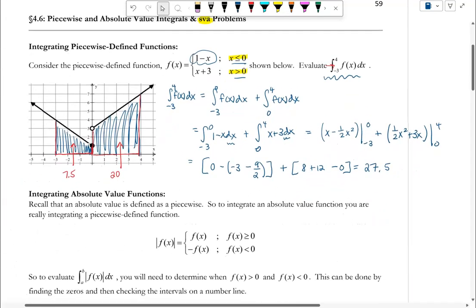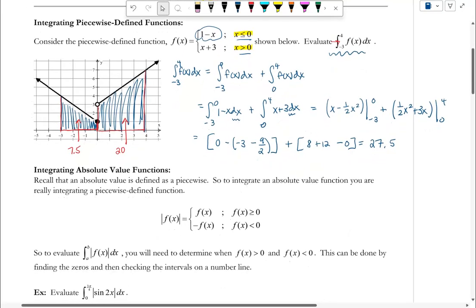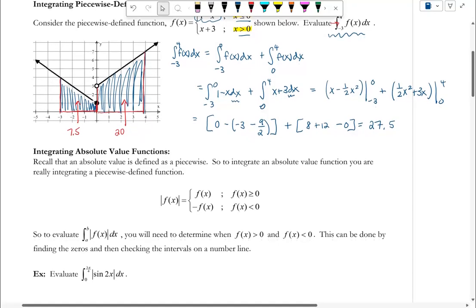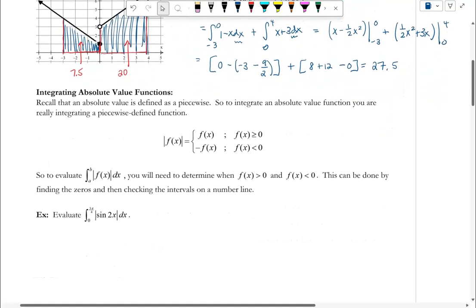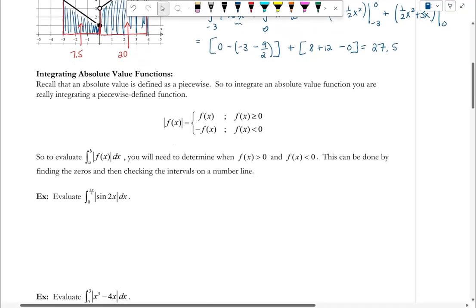So when we integrate absolute value functions, what we need to remember is that an absolute value function is a piecewise defined function. So if I think about the absolute value of f of x, I know that that's just going to be my function f of x anywhere f of x is greater than or equal to 0.